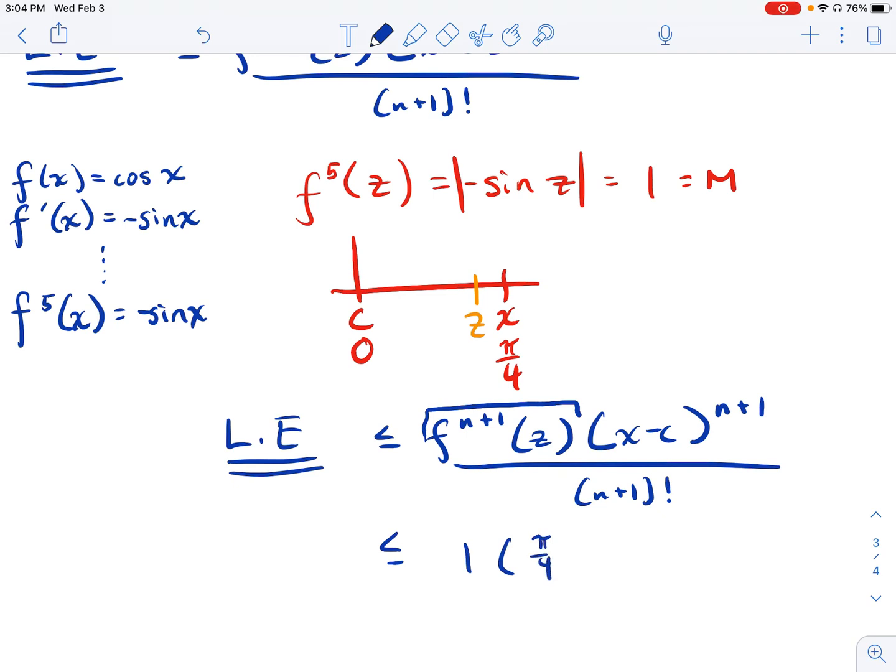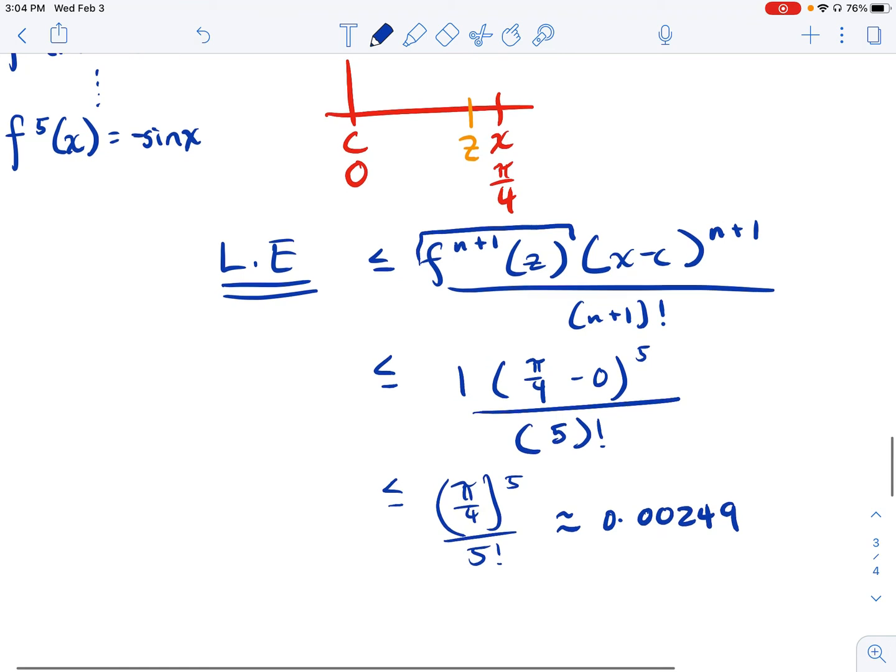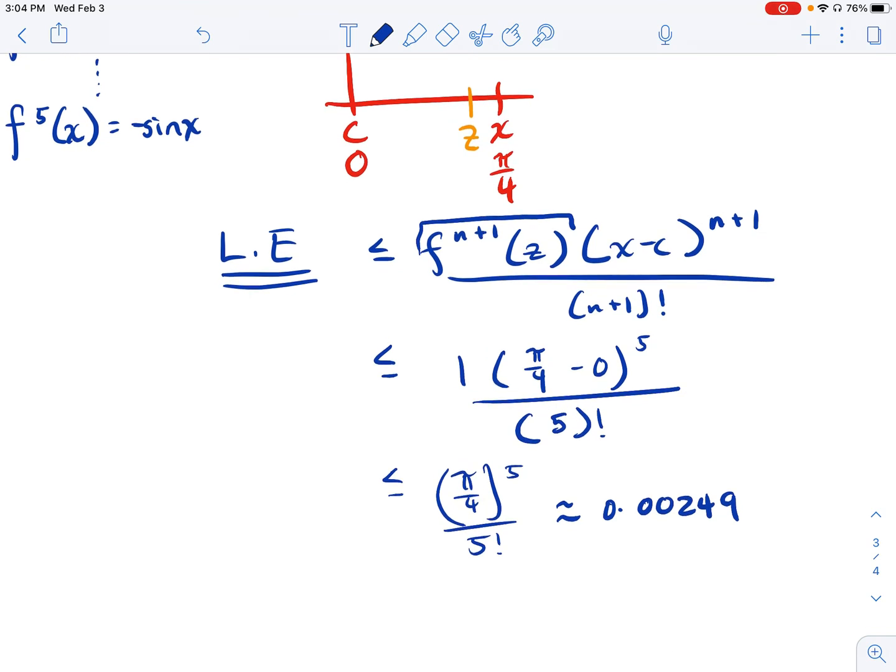Our c value where our function is centered is 0, and we're raising this to the 5th power, all over 5 factorial. If I want to clean this up a little bit, I can just say pi over 4 to the 5th power all over 5 factorial is going to be approximately equal to 0.00249.